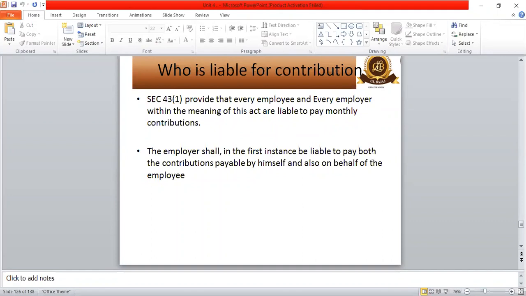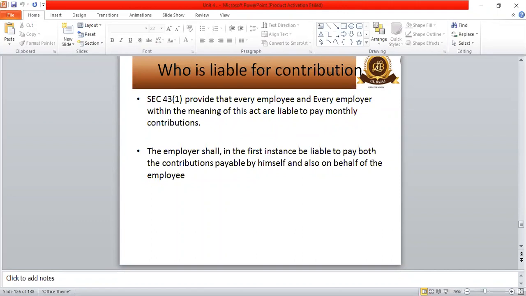The employer shall in the first instance be liable to pay both the contributions, payable by himself and also on behalf of the employee. Sometimes, due to some contingency or incapability, the employee is unable to pay the employee's share to the provident fund.